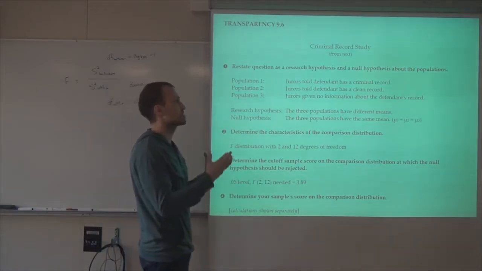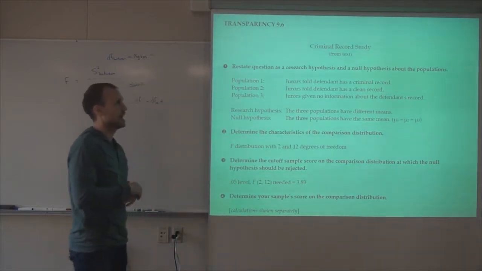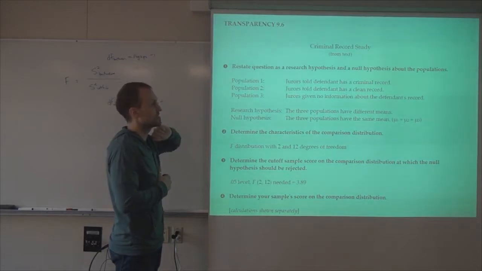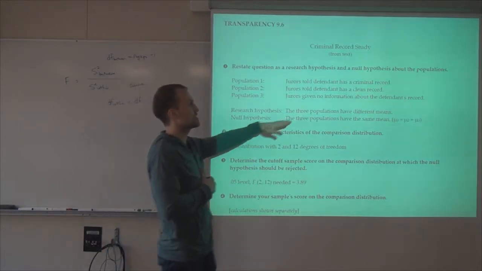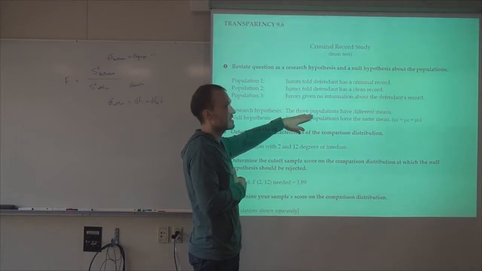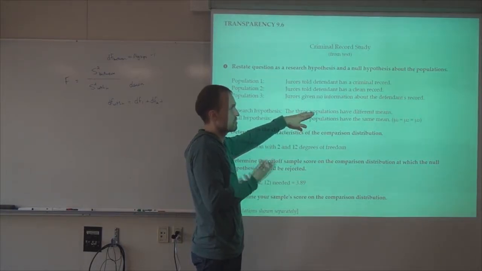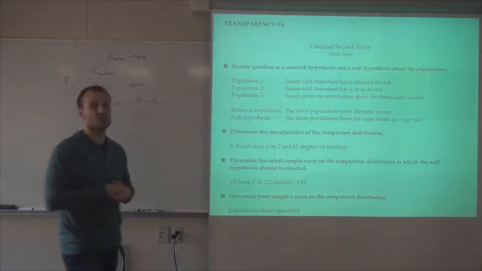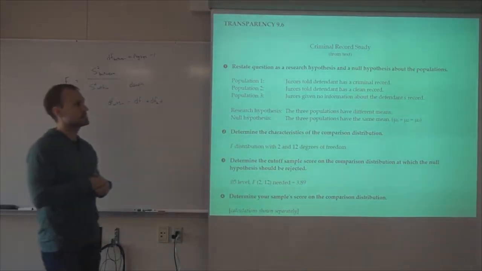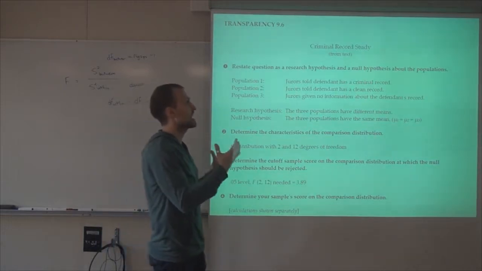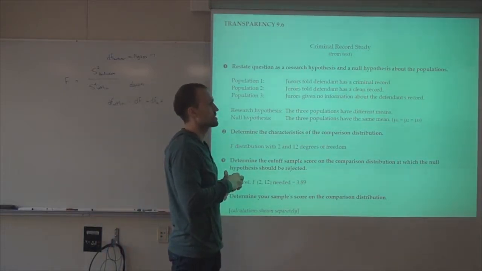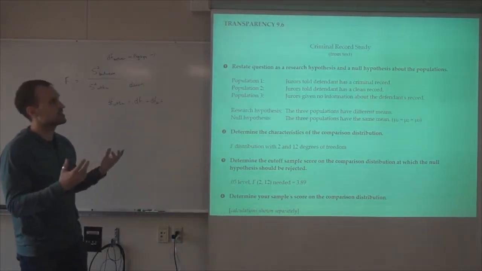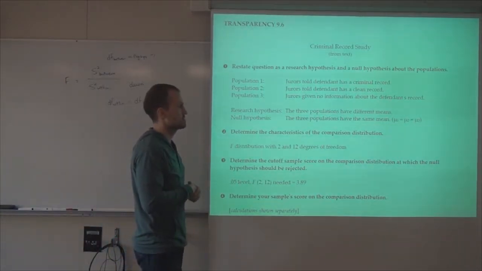If I look at a guilt rating, I can measure how guilty the people perceive the defendant. I'm looking at these three populations. Are they different, which I'm hoping to conclude, or are they all exactly the same? Is the mean guilt rating the same for all three groups, meaning that the information doesn't actually matter?